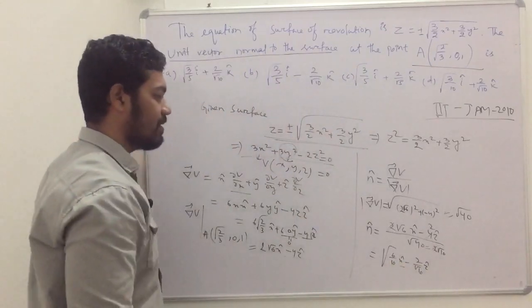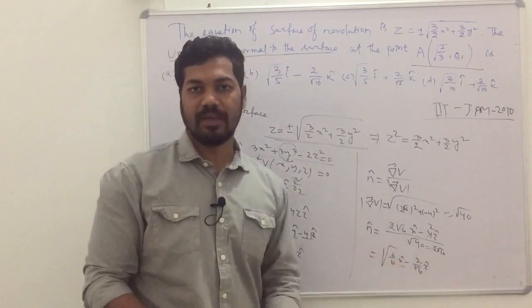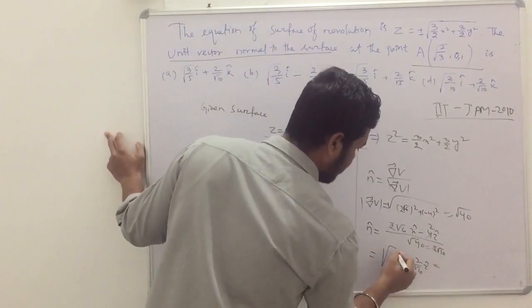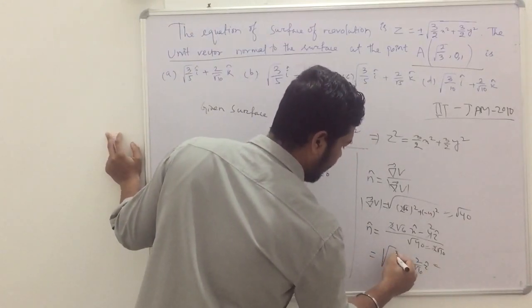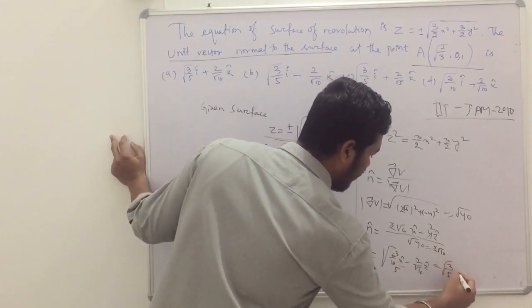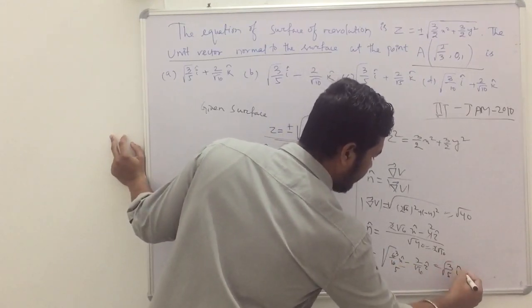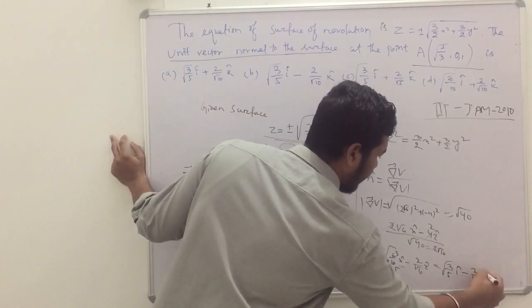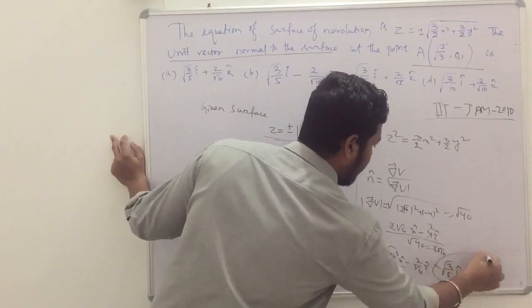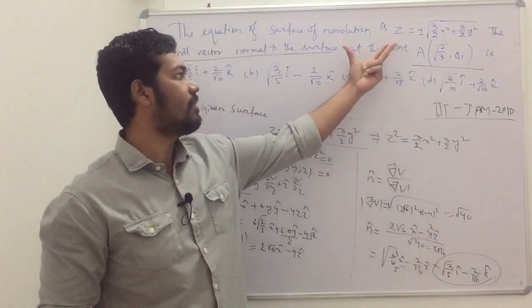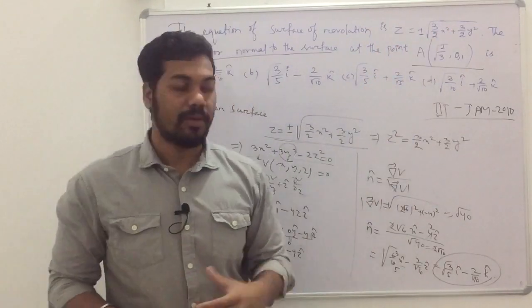Replacing x cap as i cap and z cap as k cap, and solving this, you will get 3 by 5 i cap minus 2 by root 10 k cap. So this is your required unit vector which is normal to the surface of revolution.